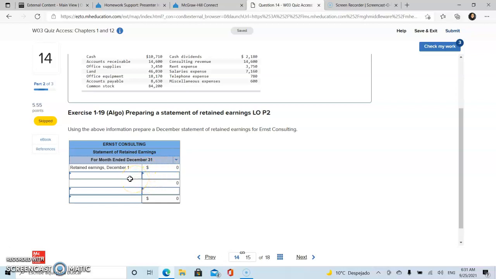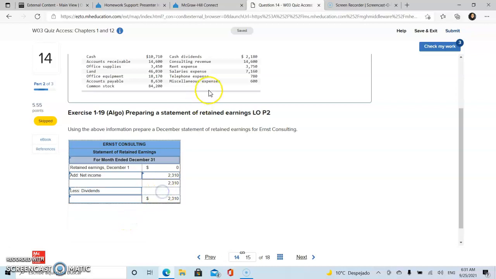Below this, we will put our net income that we obtained in our last statement. And then we are going to subtract our dividends.